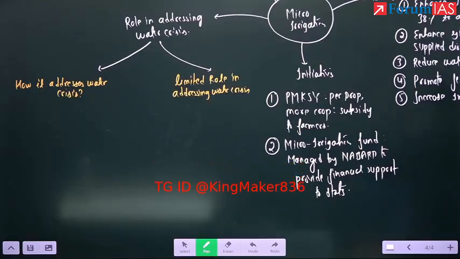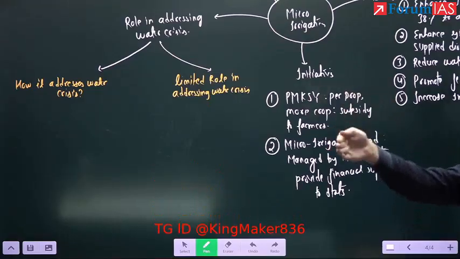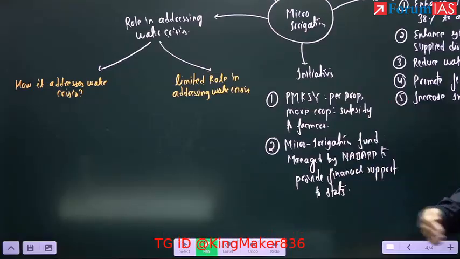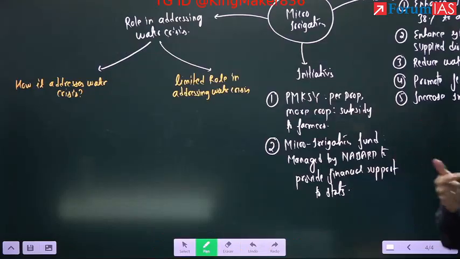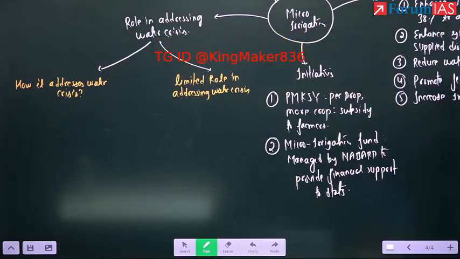You have to have very straightforward points. You have to say this is how use of micro irrigation will solve the water crisis. Establish direct linkage. I'll give you an example. There, overuse of water, you said that we are focusing more on water intensive crops which use flood irrigation method.